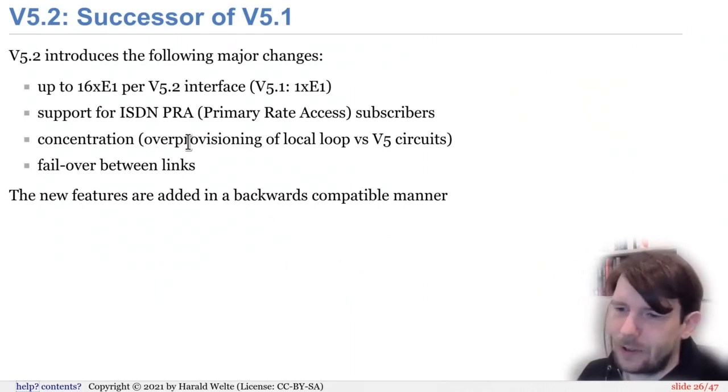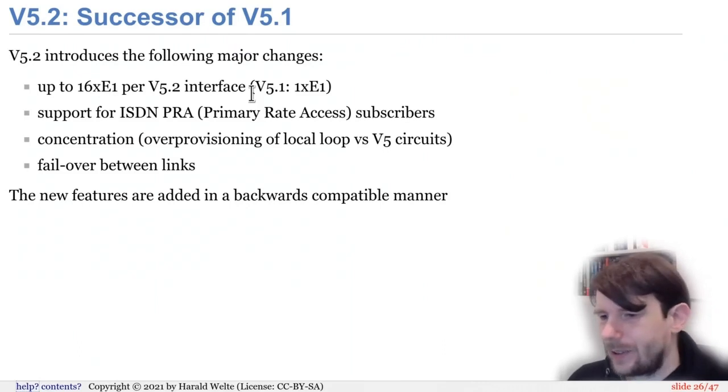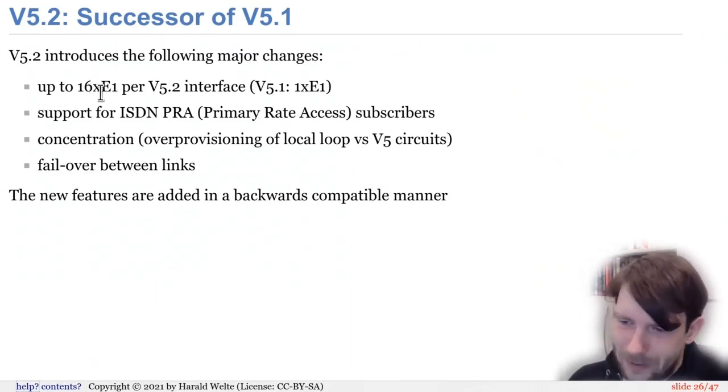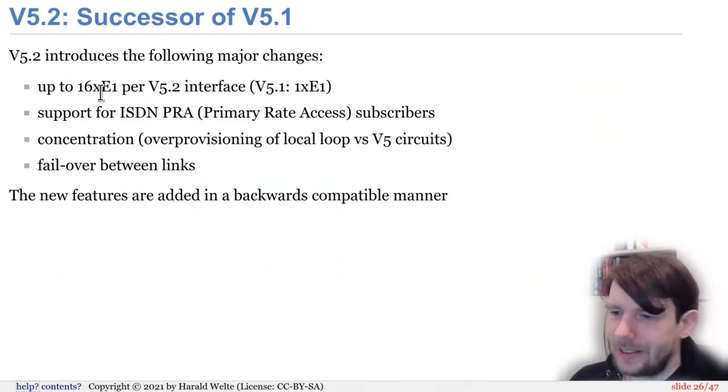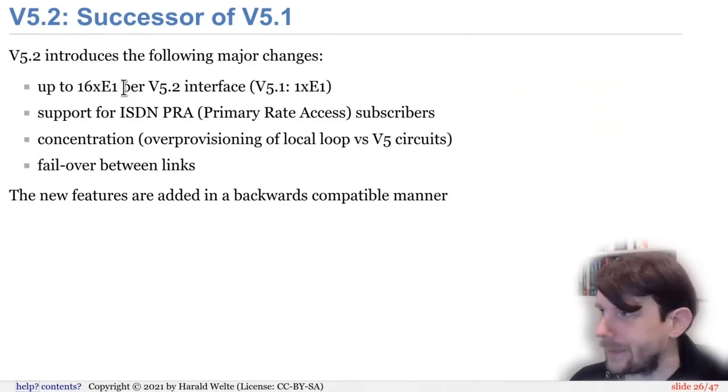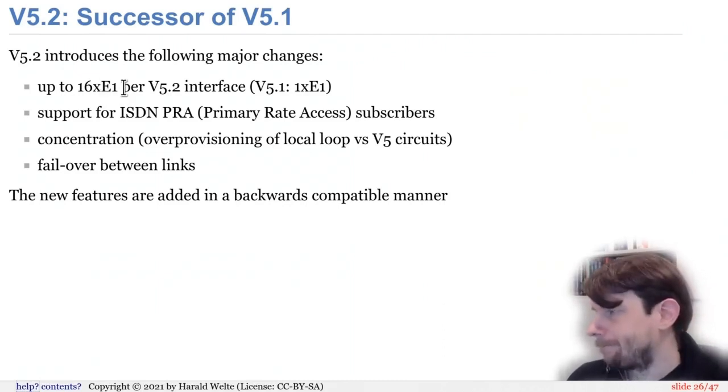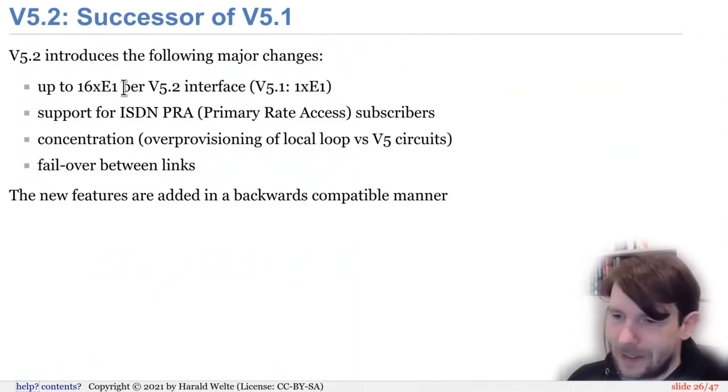And with V5.2, the V5 was extended so that, first of all, it could cover up to 16 E1 lines in one V5 interface. So instead of 30 slots, we go to 480 slots, meaning 480 calls that can be managed in parallel at the same time, so much higher capacity.